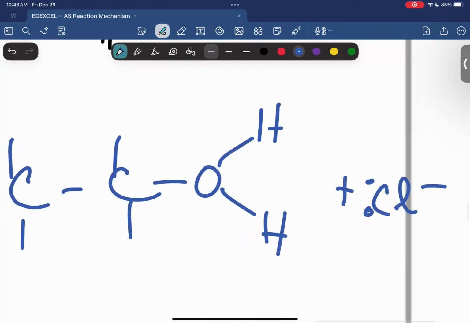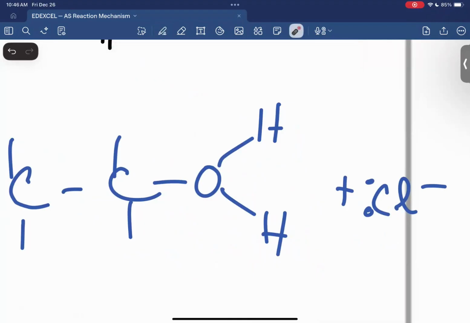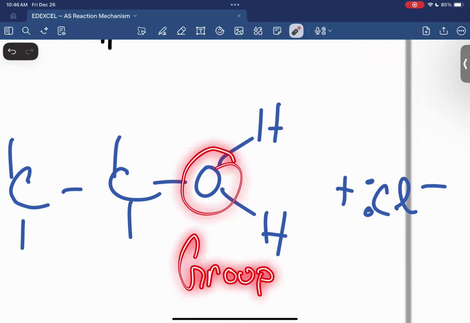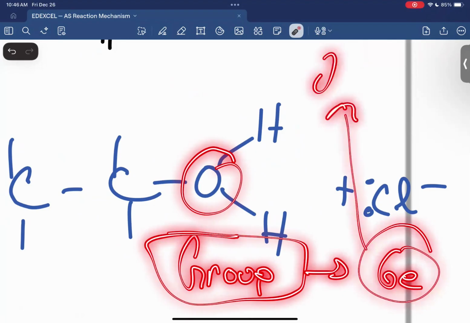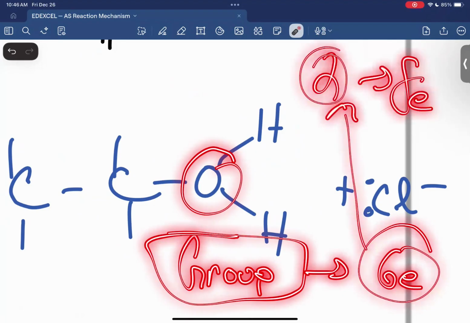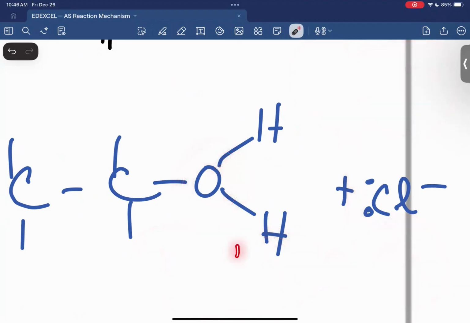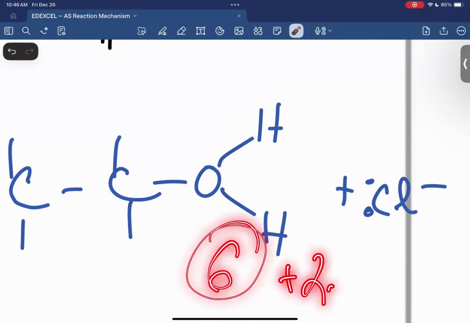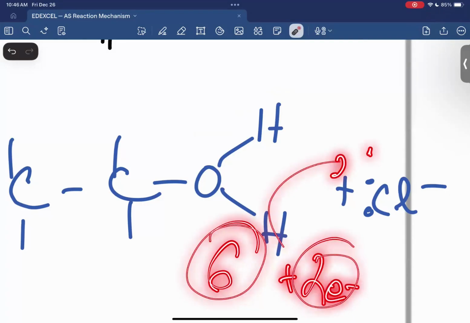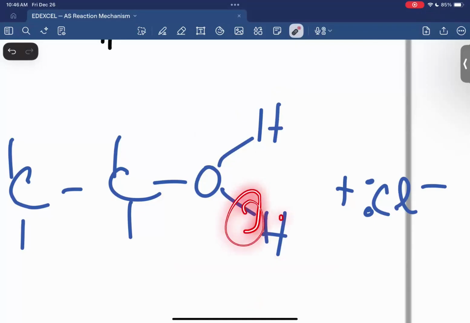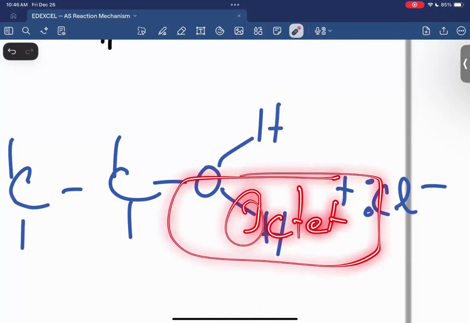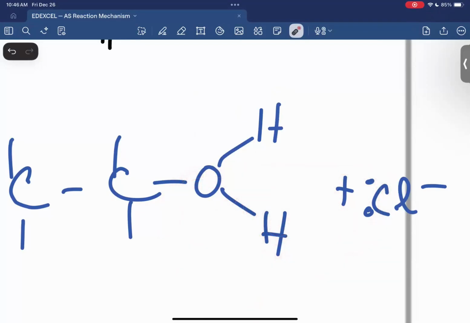Now, the interesting part is that oxygen is in group 6. It has 6 electrons in the outer shell. It basically needs 2 more electrons to make this octet, okay? But how many bonds did it form? 1, 2.